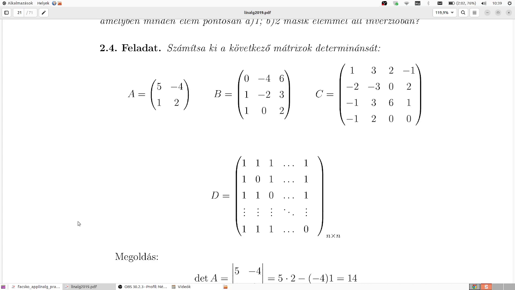Okay, let's start with the Sarrus rules. Then 0 times minus 2 plus that 0, of course.